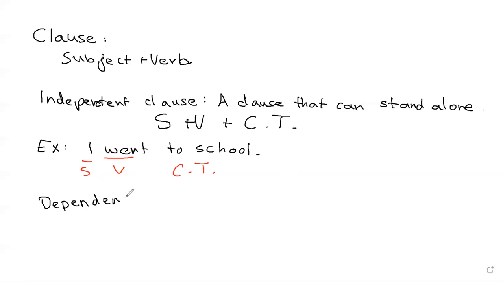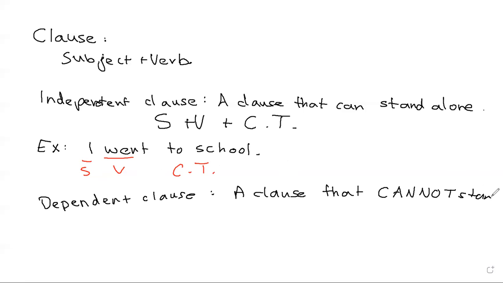A dependent clause is a clause that cannot stand alone. So how do you make a clause that cannot stand alone? It's pretty simple, actually. You take an independent clause and you add a word that makes you ask why. So, for example, because he went to school.